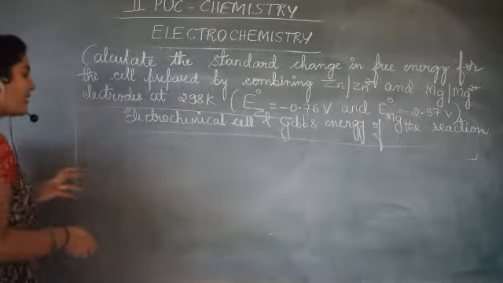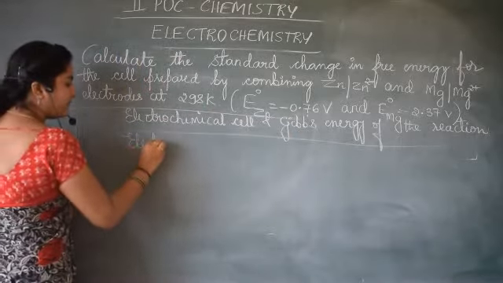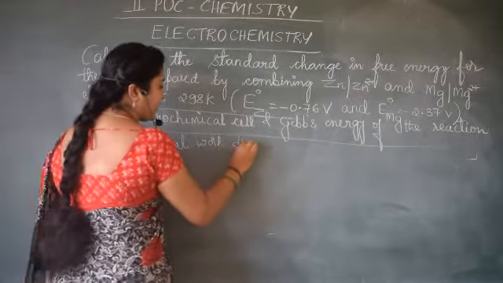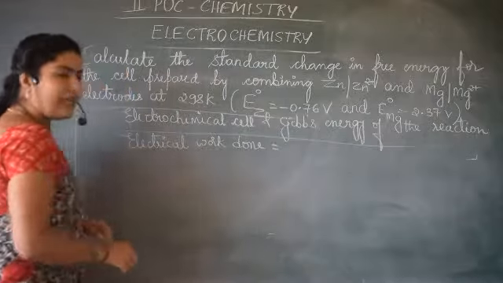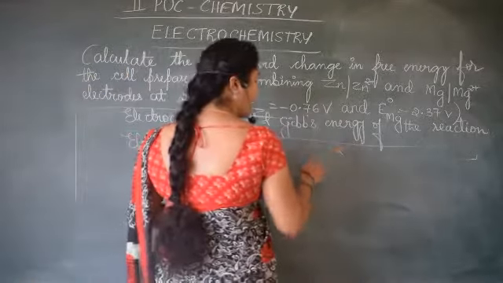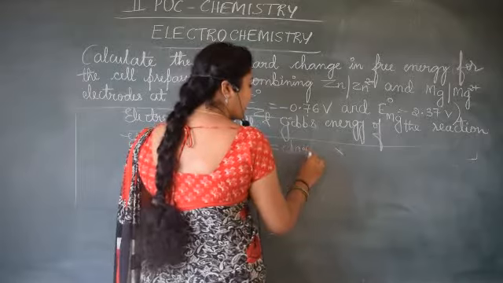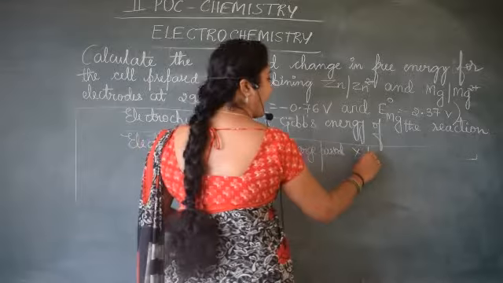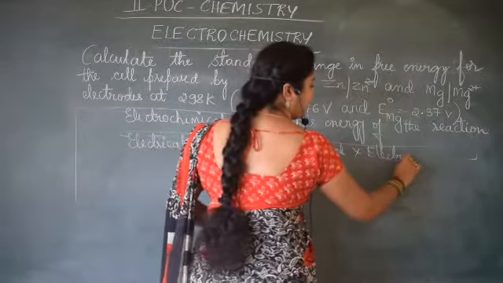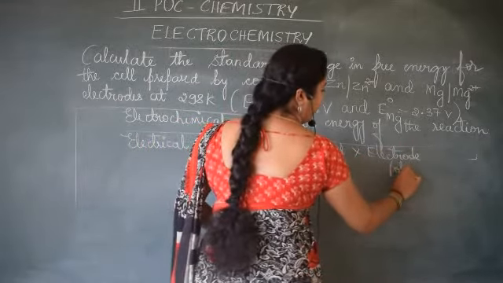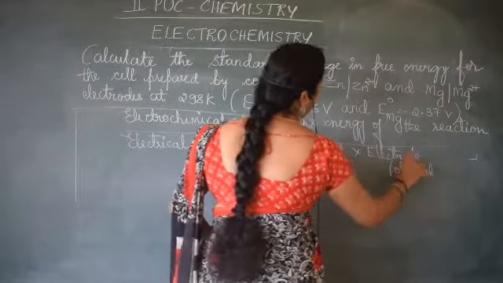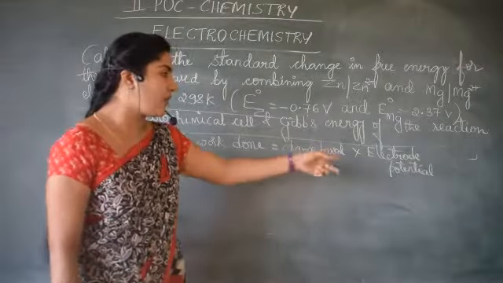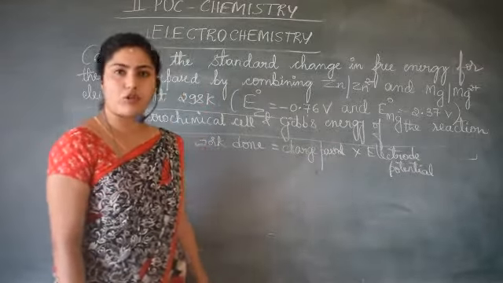In general, electrical work done is the product of charge passed and electrode potential.